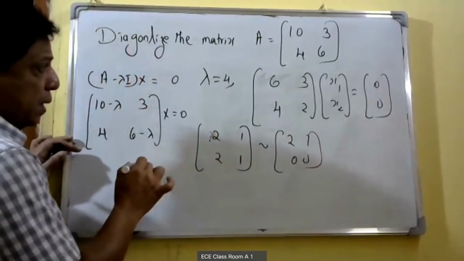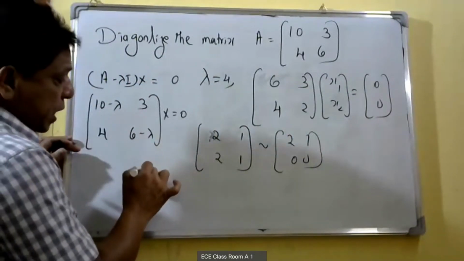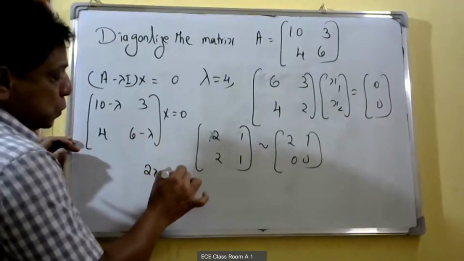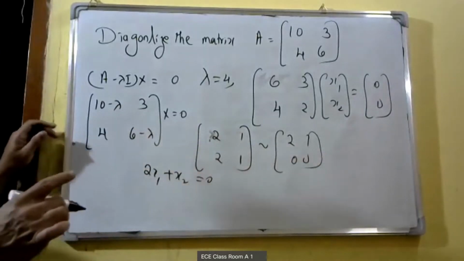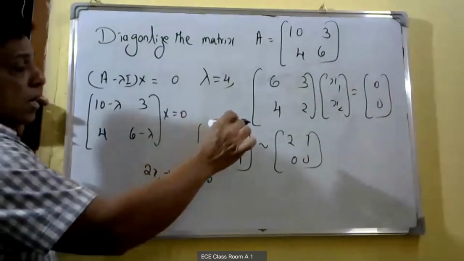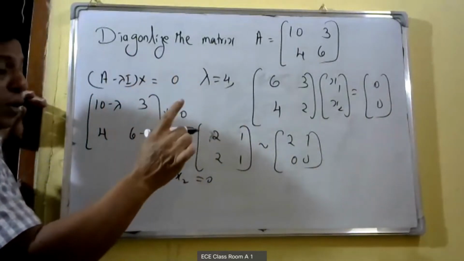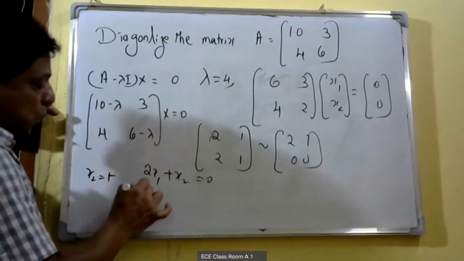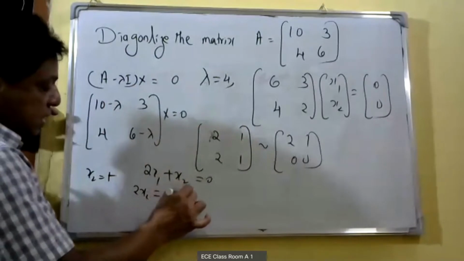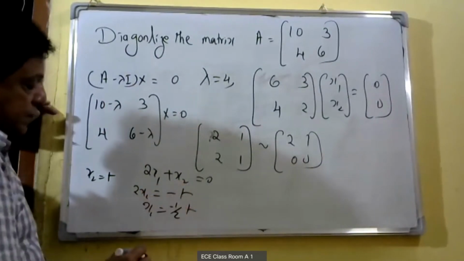Therefore, our equation will be 2x1 plus x2 equals 0. Hence, rank is 1. Number of unknowns is 2, so 2 minus 1 gives 1 variable, which we put as arbitrary. x2 equals t. Therefore, 2x1 equals minus t, so x1 equals minus 1 by 2 t.